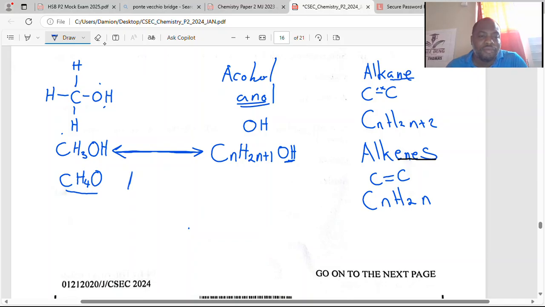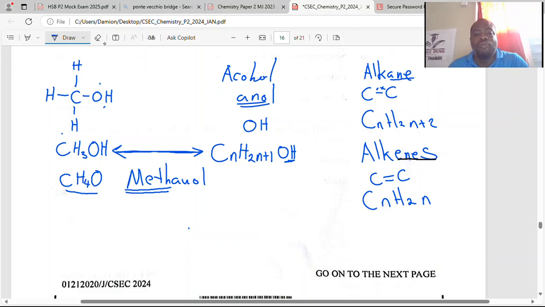Methanol. So again, as we said, we end with anol. We use the prefix. Only one carbon is there, so the prefix for one is meth. So we get methanol. We don't have to say 1-methanol, because with one carbon, automatically the functional group must be on that one carbon.